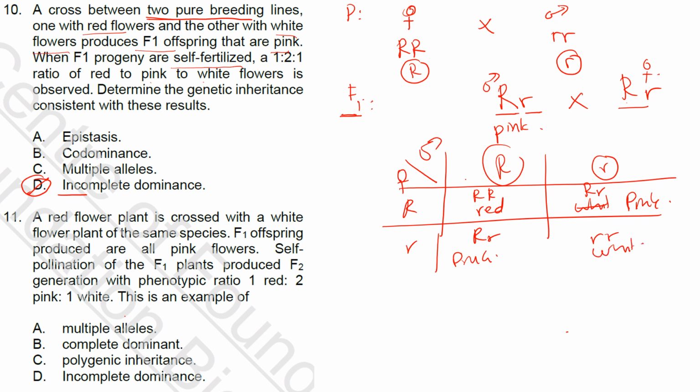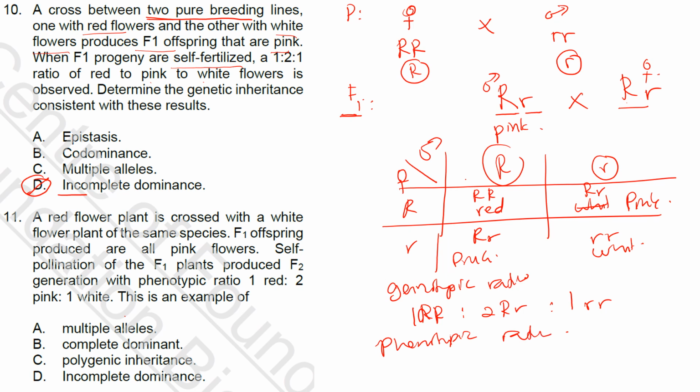So the genotypic ratio would be what? 1 homozygous dominant capital R to 2 heterozygous to 1 homozygous recessive, which is the same as the phenotypic ratio.